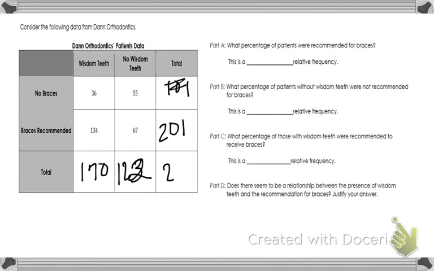Okay, let me go back to this. This is not 101. This is 91. So 292 is my total. So it has questions, and then it says to ask which frequency it is.